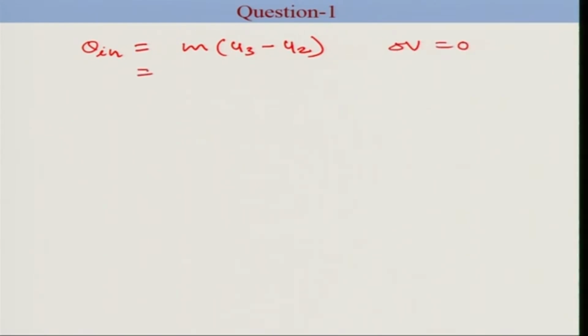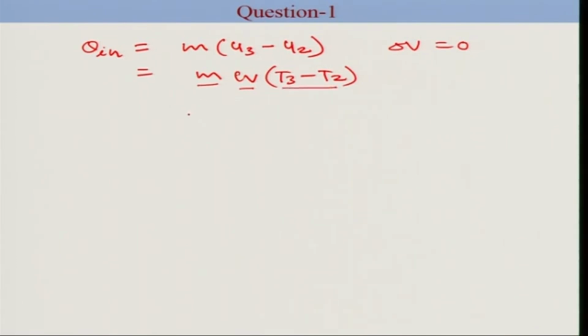Since air is behaving as an ideal gas, it reduces to m Cv (T3 minus T2). Now, we need to know m. Cv we can get from the air properties table, and T3 and T2 we know already.